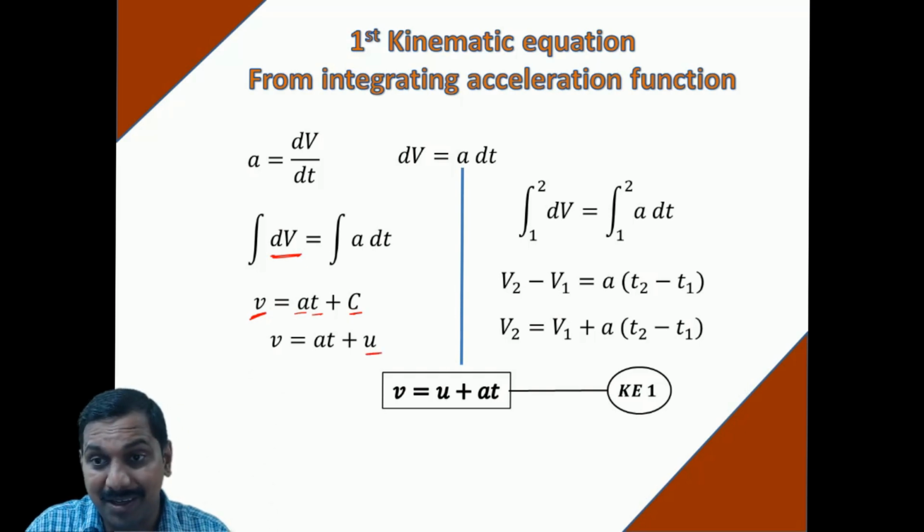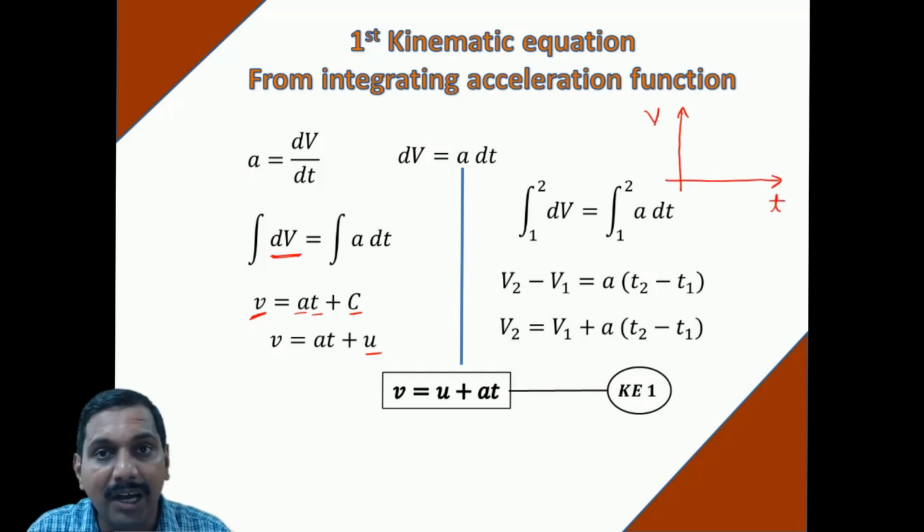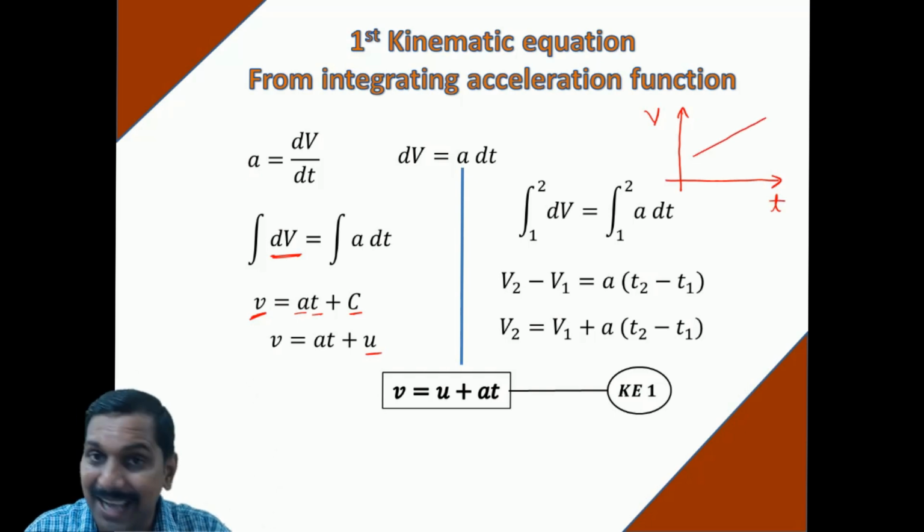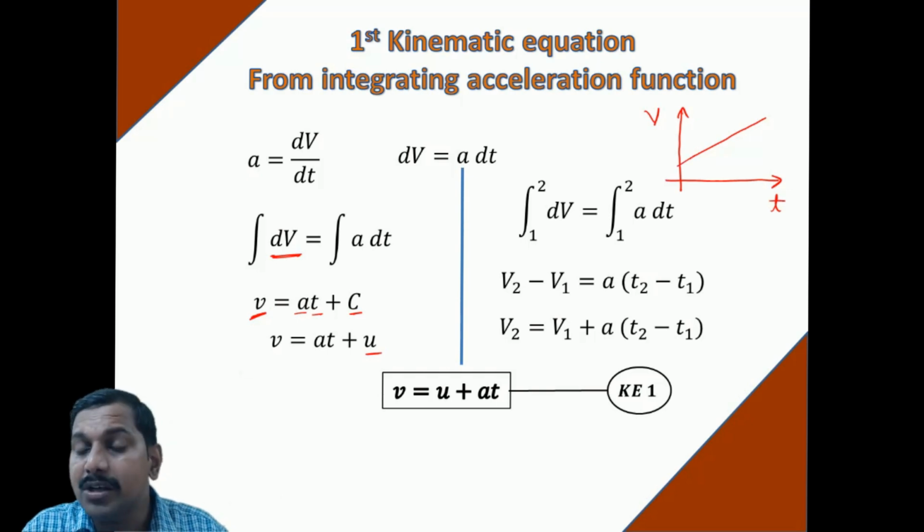So what is happening here? If you have the velocity versus time graph, velocity is continuously increasing because acceleration is constant. We have seen in the velocity-time curve, which we got from the acceleration-time curve, that when acceleration is constant, the velocity versus time graph has the same slope.